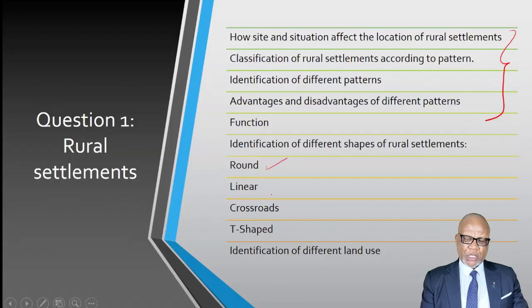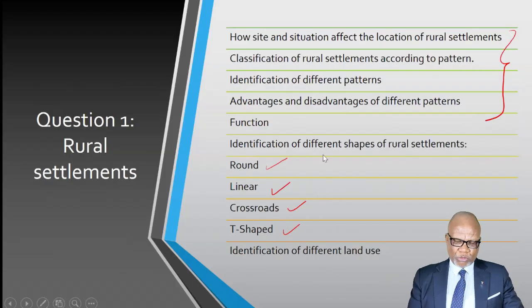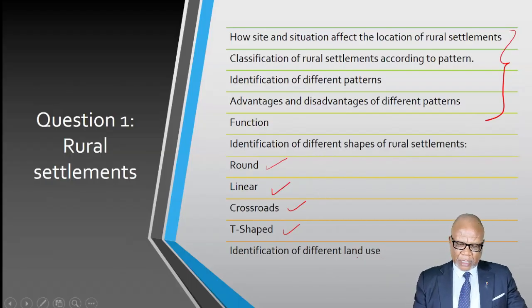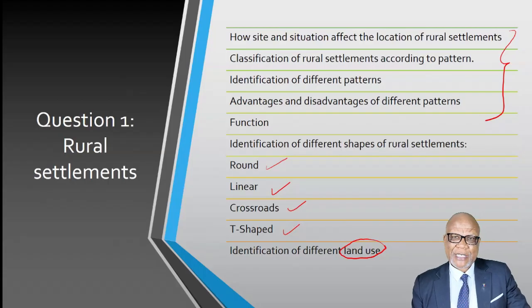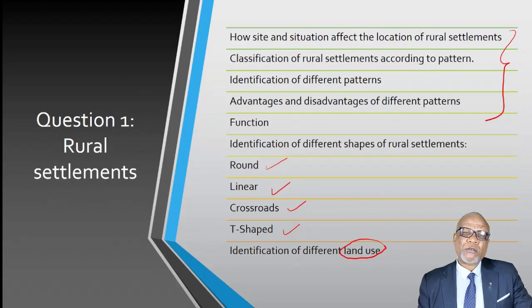We have the round shape, we have a linear shape, we have a cross shape, and we have a T shape. You must be able to also identify land use. So you must note that in rural area, we do not have land use zones, but we have land uses. We have land use zones in urban area, but in rural area, we only have land use.